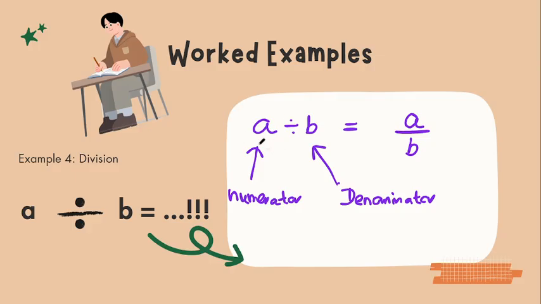If you are dividing a number by another number, the number you are using to divide is the denominator. So this B is the denominator and this A is the numerator. Always keep it in your mind: the first letter or number is the numerator, and the second letter or number is the denominator.